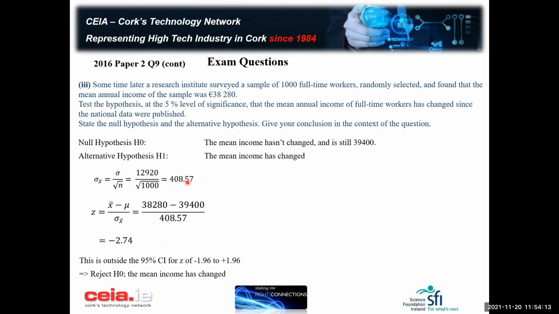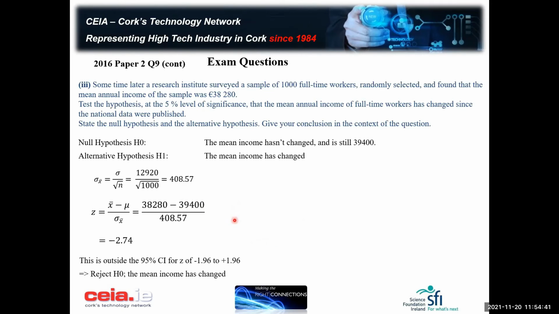Our empirical rule for a 95% confidence interval is to go plus or minus 1.96 times this around this mean, and we get a range of means. Then see whether 39,400 lies within that range, and it wouldn't. So that would be another way of saying you can reject the null hypothesis.